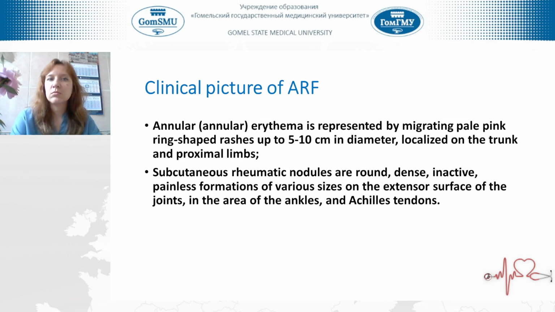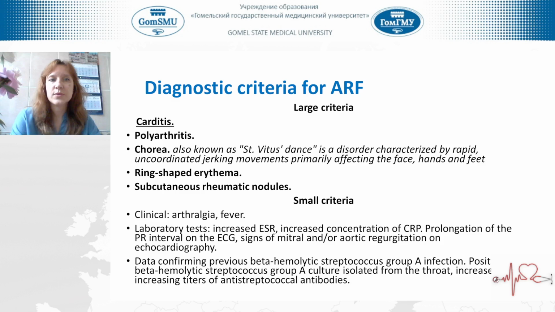Annular erythema is represented by migratory pale pink ring-shaped rash raised up to 5-10 centimeters in diameter, located on the trunk or proximal limbs. Subcutaneous rheumatic nodules are round, dense, inactive, painless formations of various sizes on the extensor surface of the joints, in the area of ankles and heel tendons.